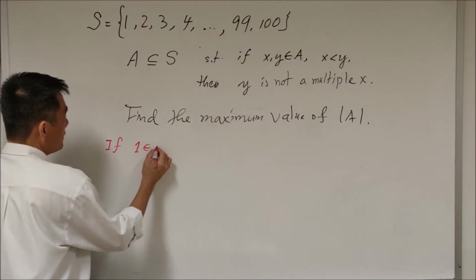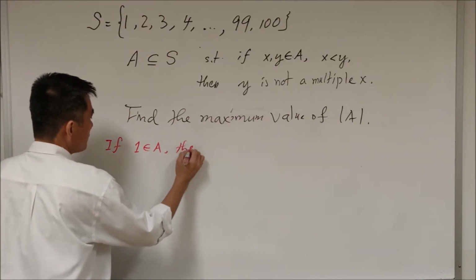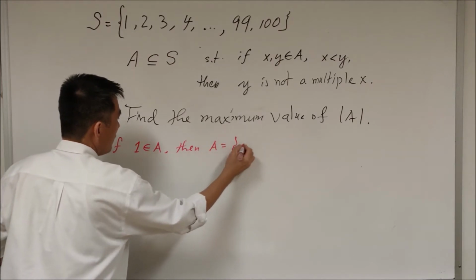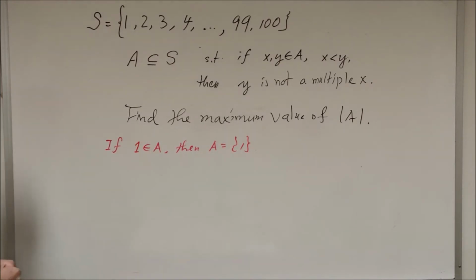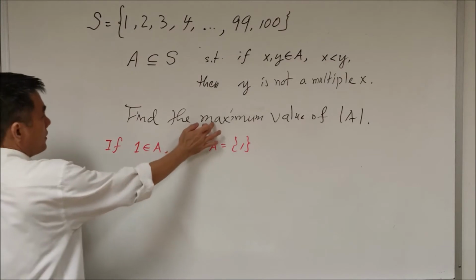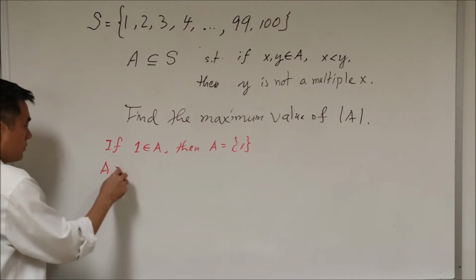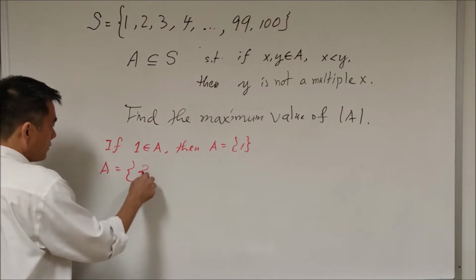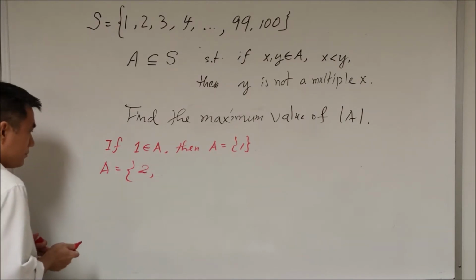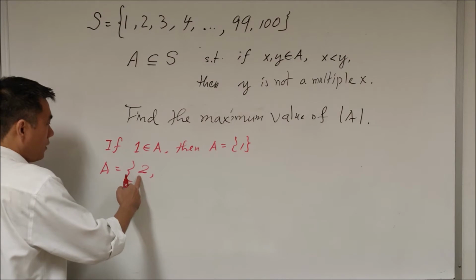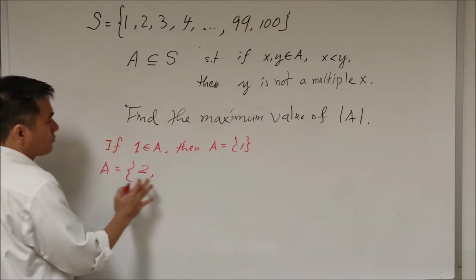If 1 is inside A, then A must have only one element, and therefore it cannot be the maximum. So we can carefully choose the numbers, maybe start with 2, then exclude all the multiples of 2.